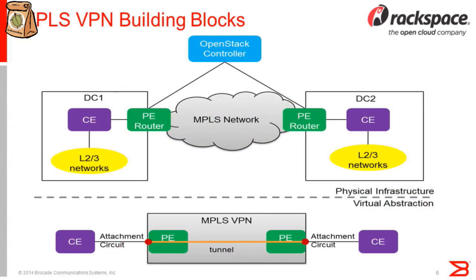So moving along, in order to present how all of this comes together, I just wanted to go over some of the key points. What are the building blocks that allow us to take us to the next level? Some of the building blocks we have here is that we define attachment circuits. So what is an attachment circuit? An attachment circuit can be viewed as a logical interface.